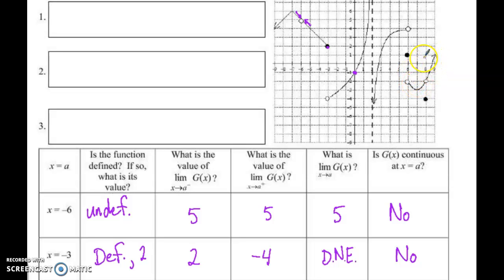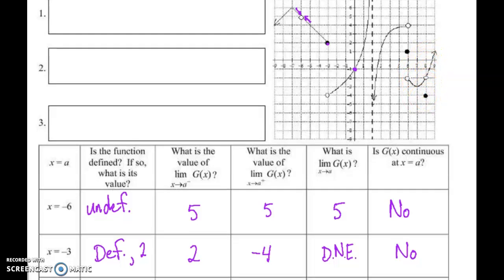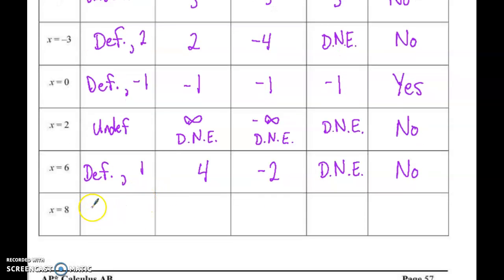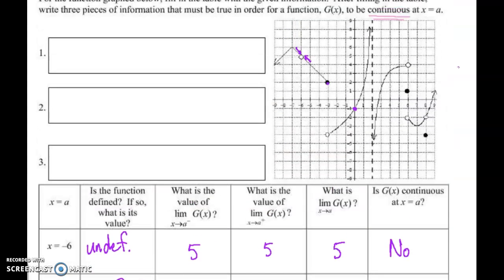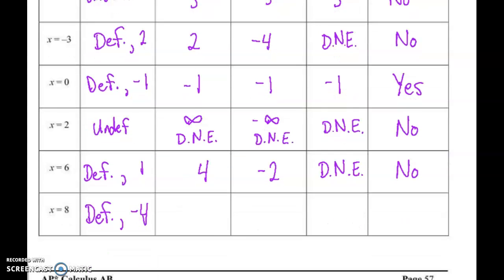So then as we look at x equals 8, it is defined. Looks like it's -4. As we look at the left side of 8, looks like it's getting closer and closer to -2. Same with the right side, getting closer and closer to -2. -2 and -2. So the limit does exist because the left equals the right, so that is your limit.